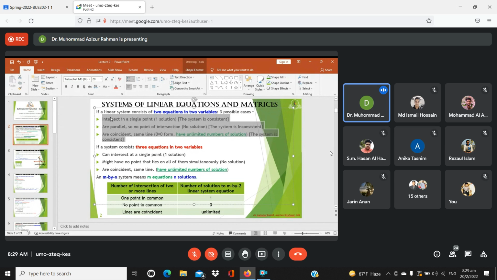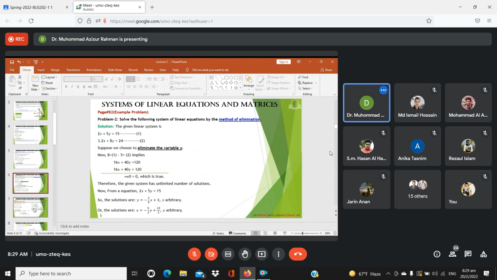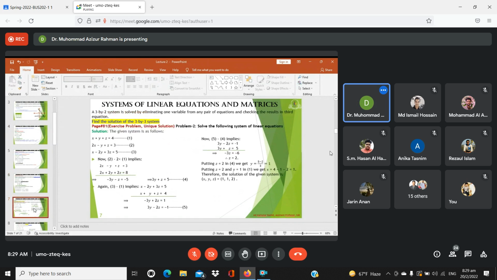Now, if you have three equations with two variables, a similar condition also happens. If you have three equations with three variables, what will happen? Same conditions.